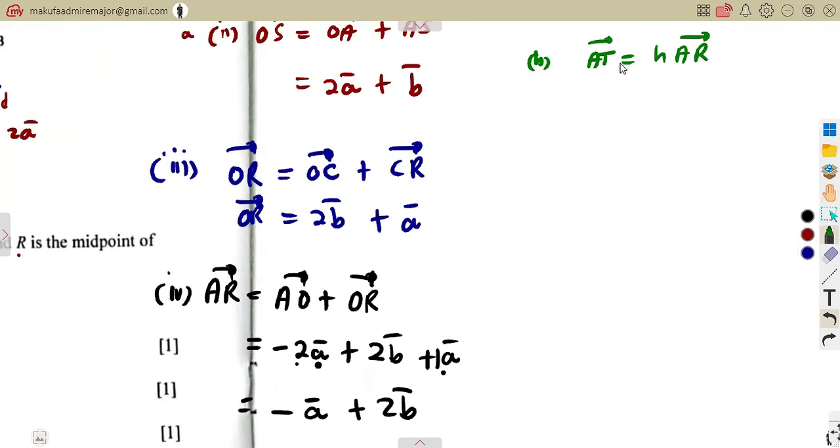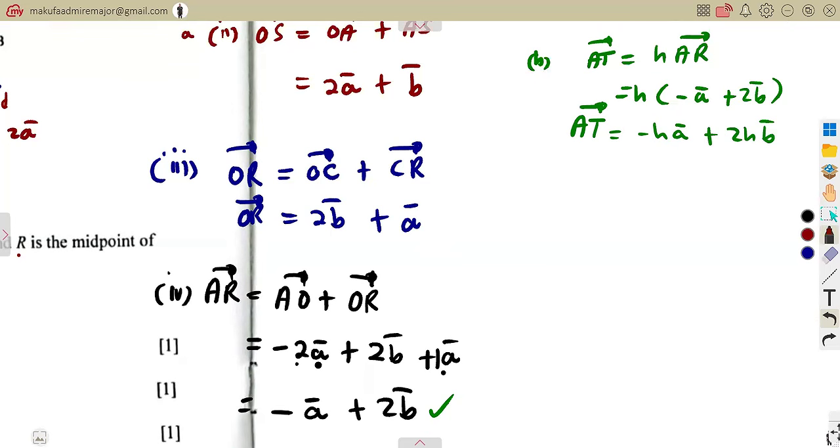It simply means H times vector AR, which we calculated here. Remember, it was minus A plus 2B. So you can calculate this, which is minus HA, H times 2B, which is 2HB. This is our vector AT from the given information.